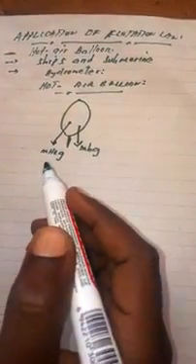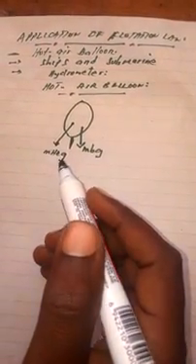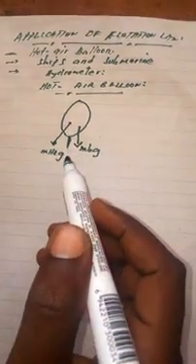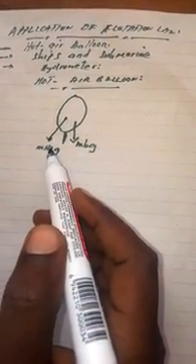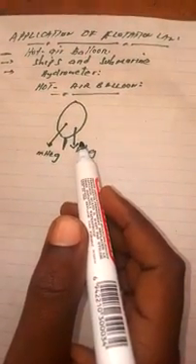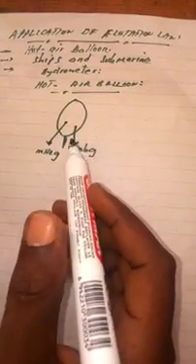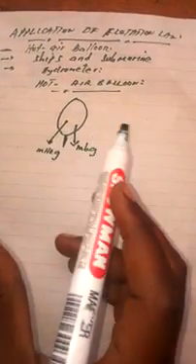So what happens here? In the hot air balloon there is gas. As I told you, there is helium gas. Now this helium gas is heated to a higher temperature. As it is heated, the balloon tends to expand. It becomes large.